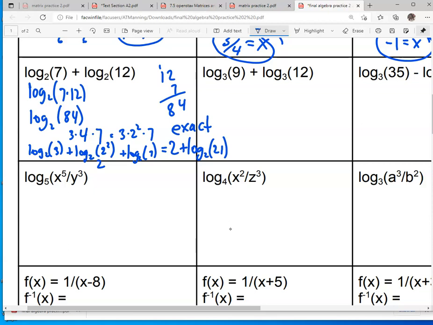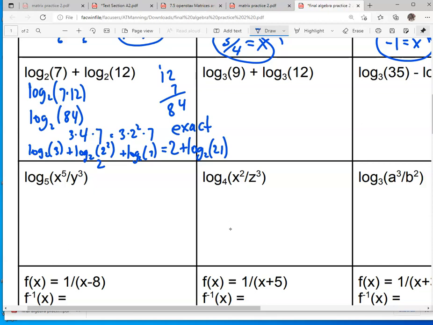So the exact answer is 2 plus log base 2 of 21. If they said to 4 decimal places, I simply feed 2 plus log base 2 of 21 into my calculator and get a 4 decimal answer. But if they're looking for the exact answer, I recognize there's a power of 2 hiding in there. That gives me a slightly simpler answer.